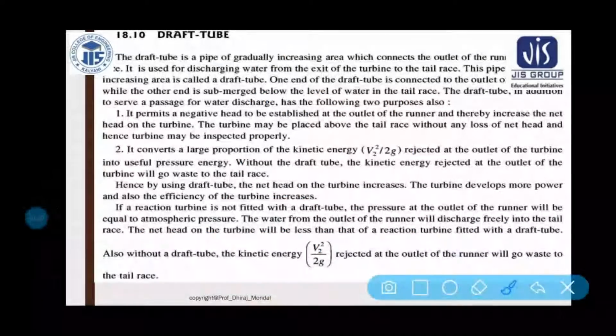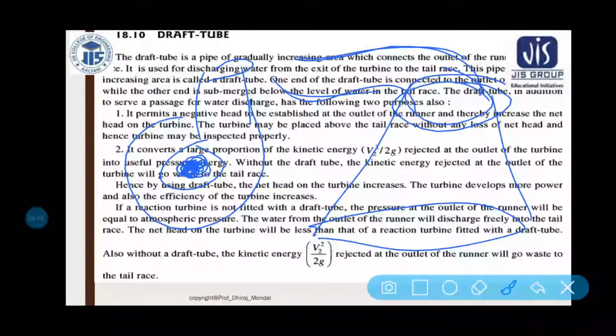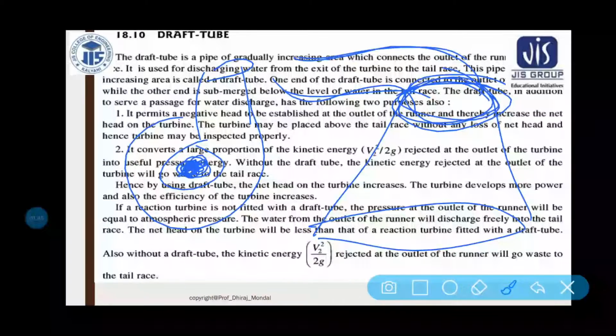So first of all, let us consider this is a draft tube. At the outlet of the turbine, the pressure available is a vacuum pressure, or less than atmospheric pressure.